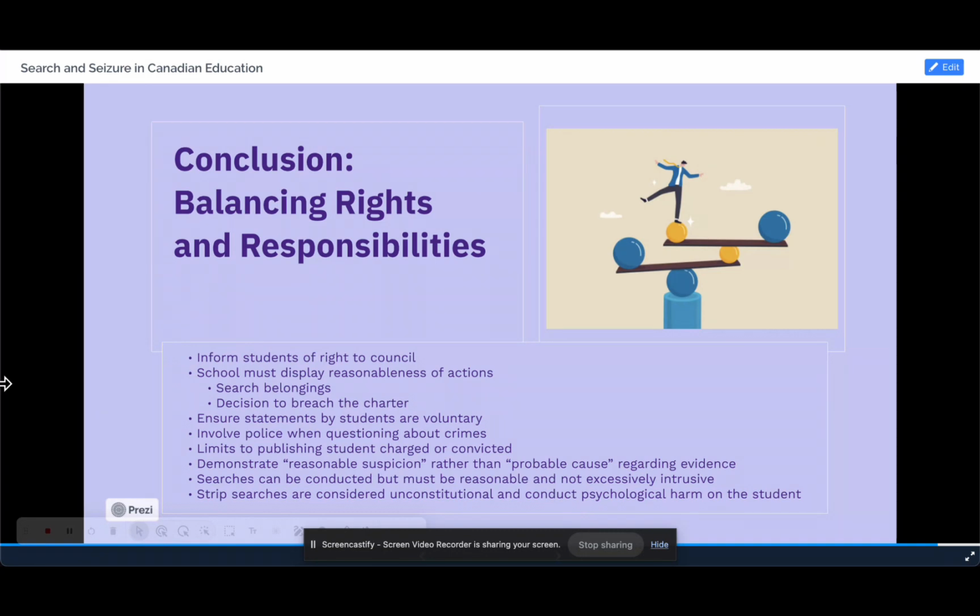It is crucial to foster a safe and respectful educational environment by doing these few things: informing students of their right to counsel, displaying reasonableness of action in searching belongings and doing their best to not breach the Charter, ensuring statements by students are made voluntarily, involving police when questioning about crimes, limiting the publishing of students charged or convicted, demonstrating reasonable suspicion rather than probable cause regarding the evidence, conducting searches in a reasonable and not excessively intrusive way, as well as not conducting strip searches, as they are considered unconstitutional and cause psychological harm to students.